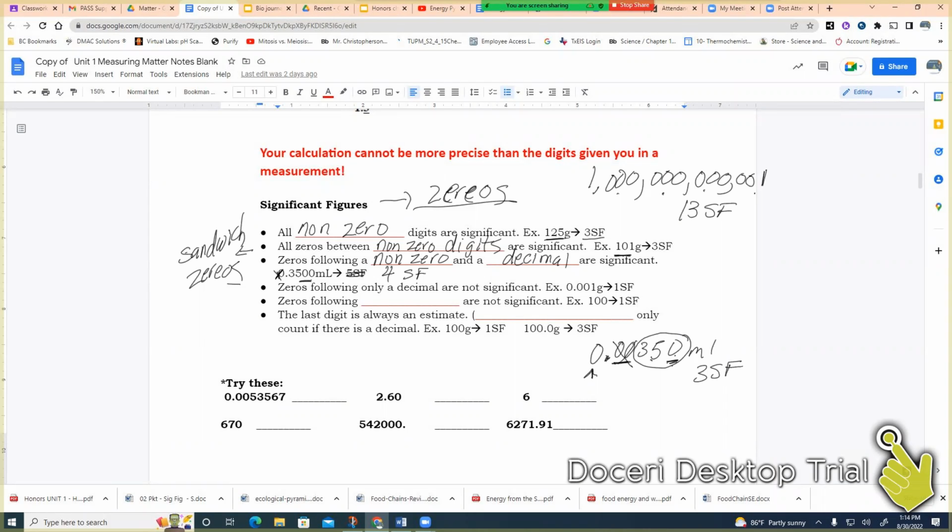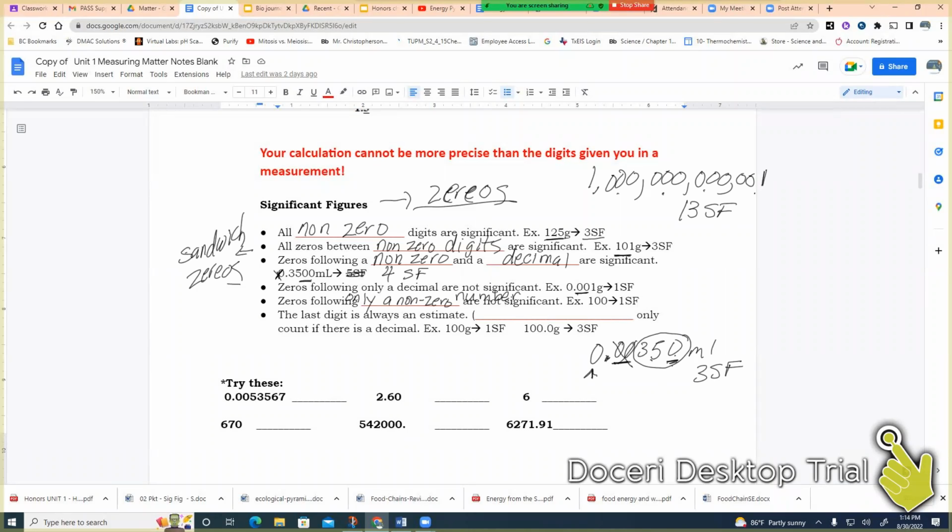All right, zeros following only a decimal are not significant. So that's what I did right here. These are only following a decimal. They're not significant. These are only following behind a decimal, not a non-zero number. So they are not significant. Zeros following only a non-zero number are not significant.